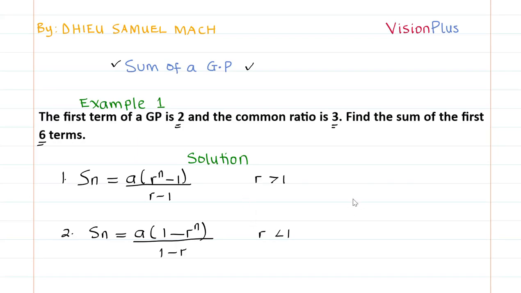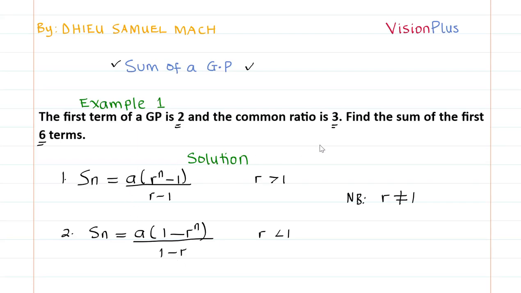And in both cases, an NB is that the value of R should not be 1, because the denominator becomes 0 and that makes the sum undefined. So the task is yours.